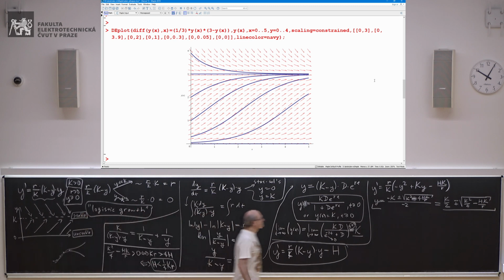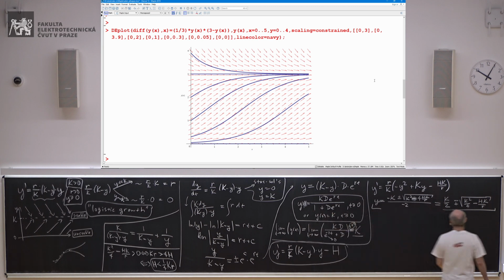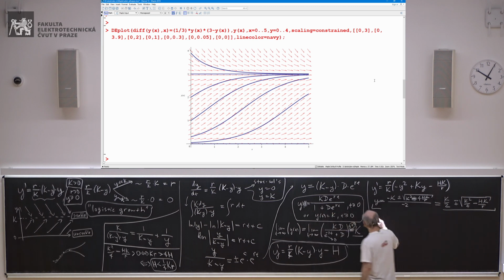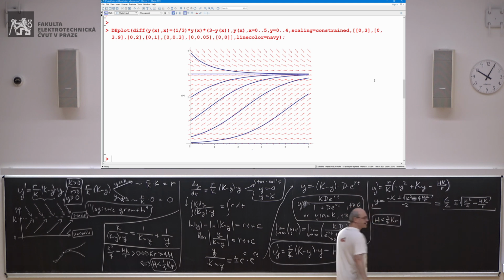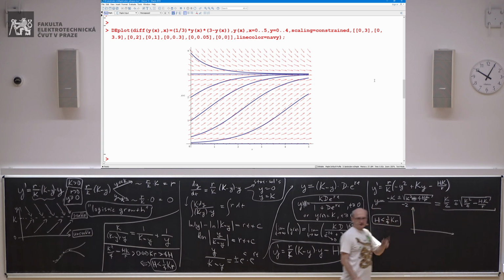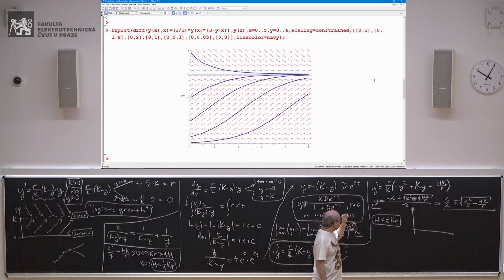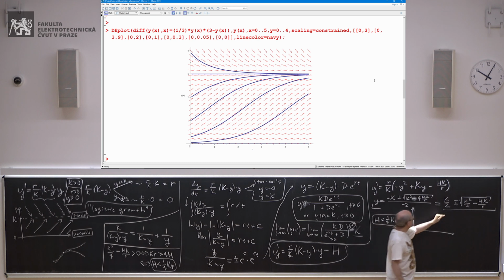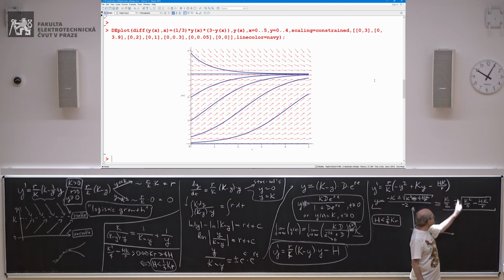Okay, here we go. First situation, h is less than 1/4 kr. How will it look like? Well, here we go. Two stationary solutions. Notice that k over 2, if you square it, you get k squared over 4, and then there is the square root.